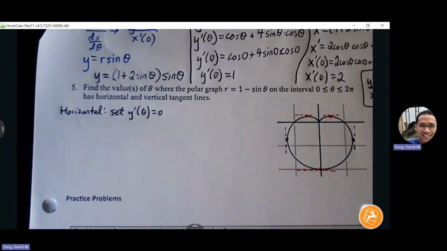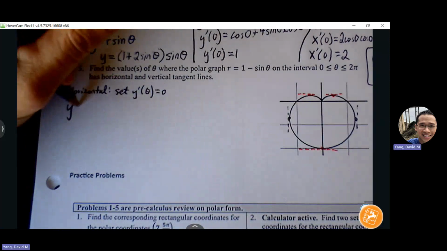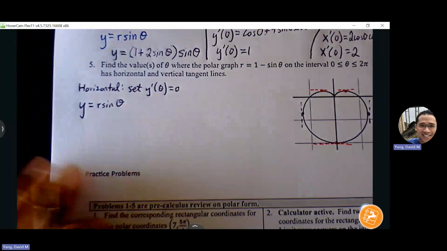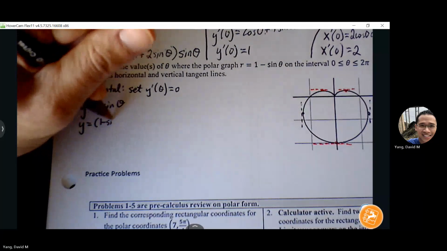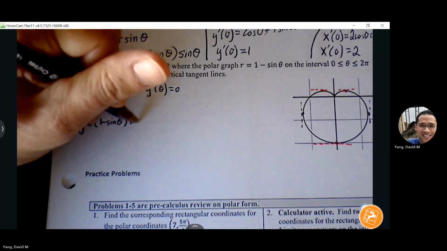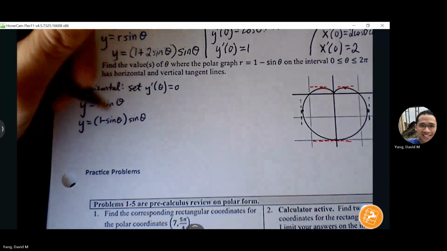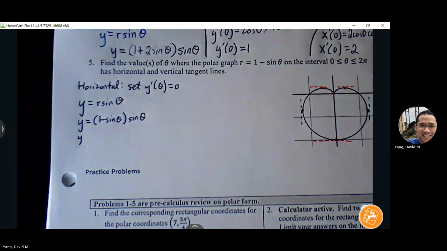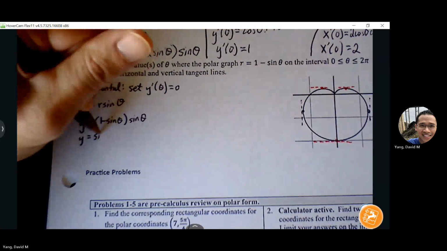Have you got this copied down? Okay, step by step here. So y is r sine theta. We know what r is. R is 1 minus sine theta. So let me establish that. Going to expand out here.